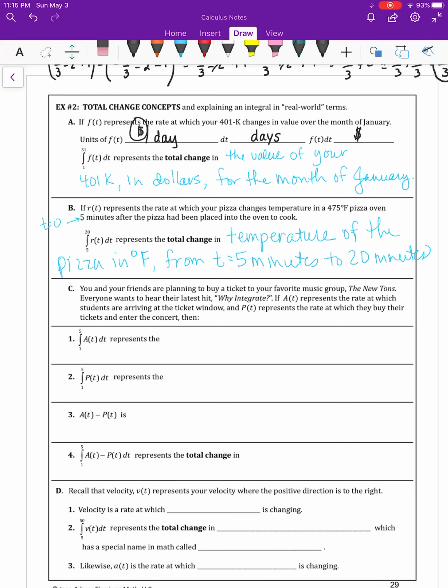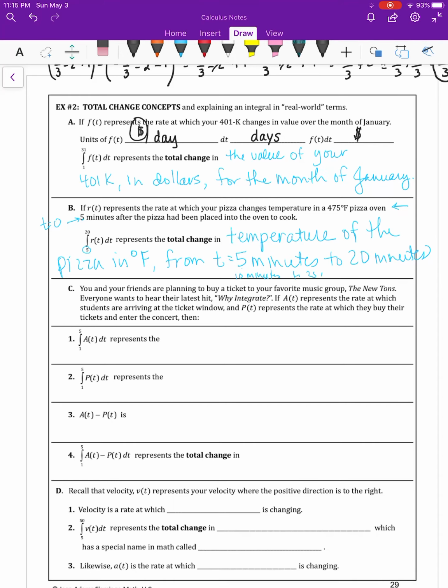If their time 0 is 5 minutes after the pizza had been placed into the oven, then 5 minutes later here would be 10 minutes, right?